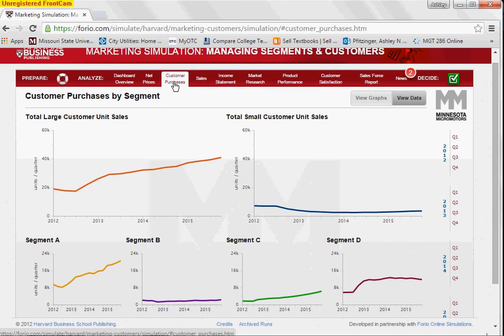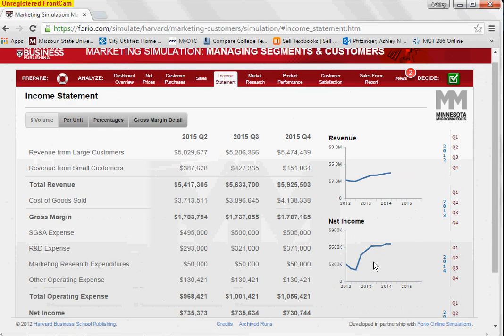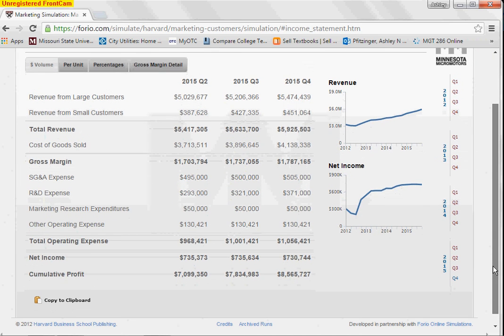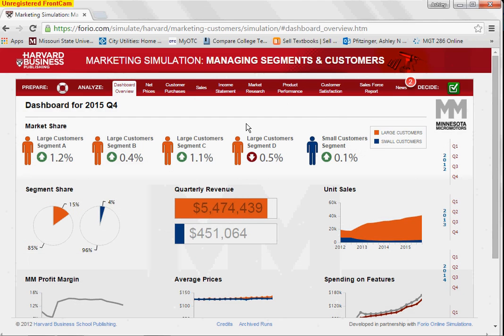As for firm profitability, this comes along with keeping your customers happy. As long as the products you are selling have a demand within your target market, then your firm should be making a large amount of profit, as shown here in the income statement.